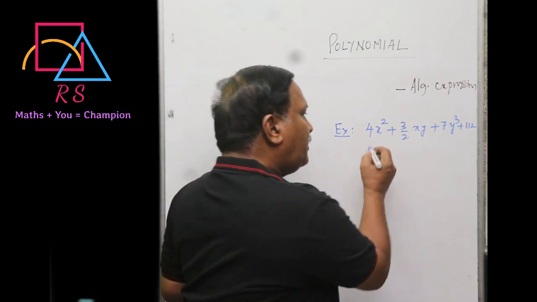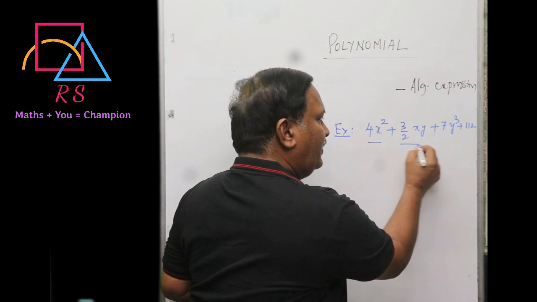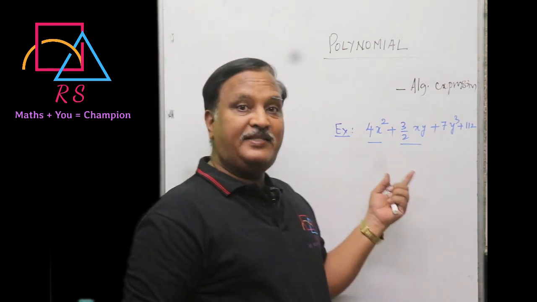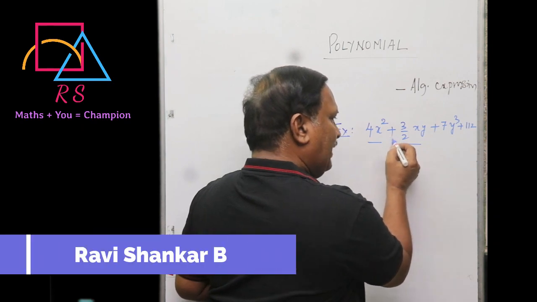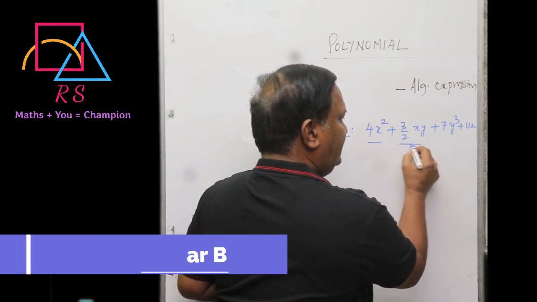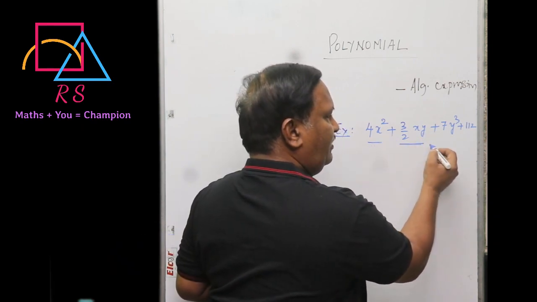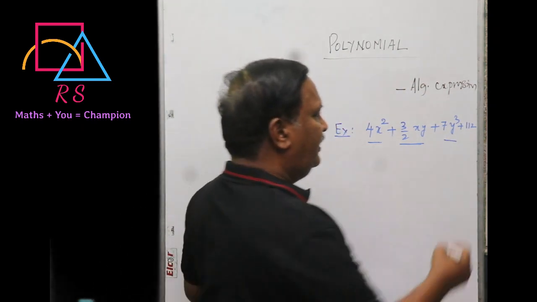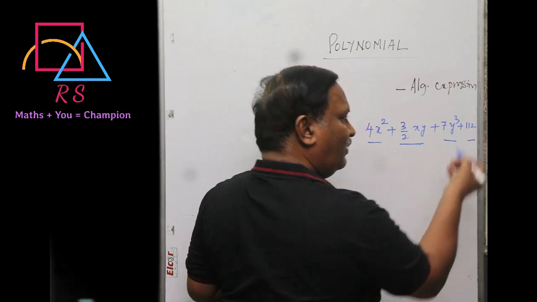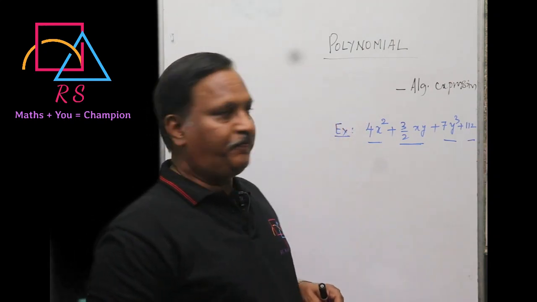So how do you identify the terms? Terms are always separated by a plus symbol or a minus symbol, right? 4x square plus, so this is one term. This is one more term, 3 upon 2 xy, plus again 7y cube is one more term, plus 112 is one more term.